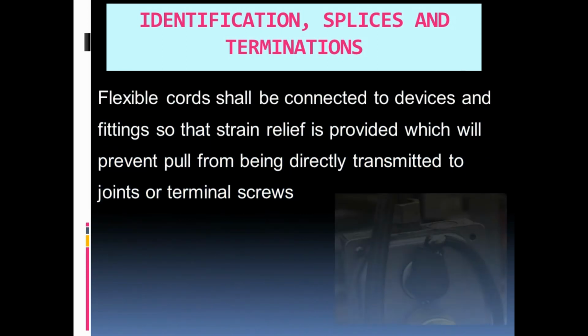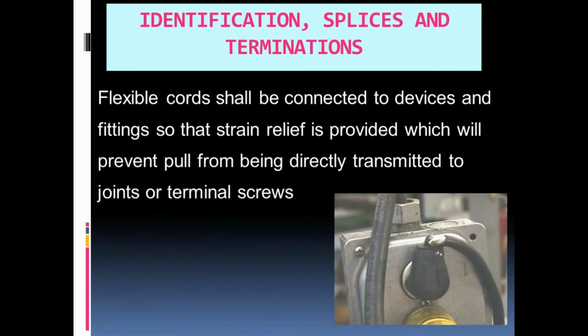Identification, splice and termination continuance. Flexible cords shall be connected to devices and fittings so that strain relief is provided, which will prevent pull from being directly transmitted to joints or terminal screws.